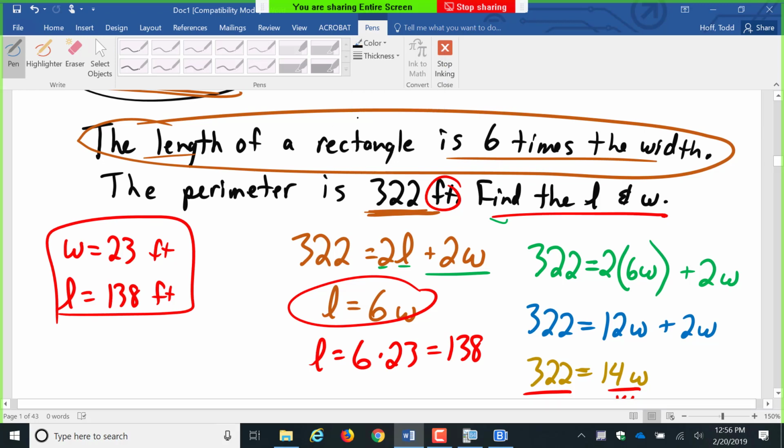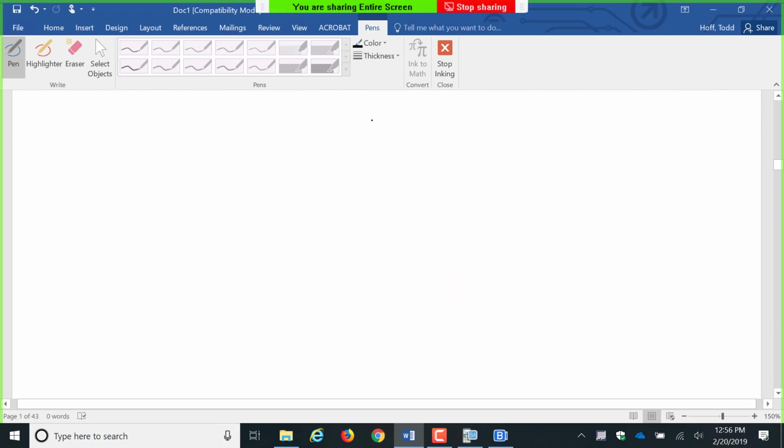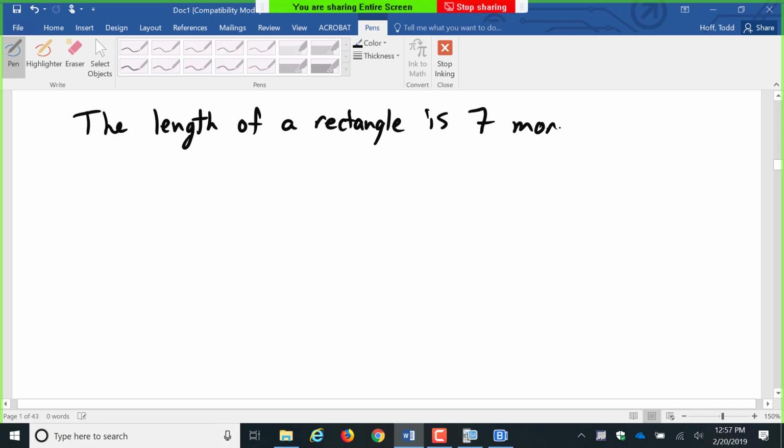I want to see how you guys adjust on your feet to these. So I'm going to give you a similar problem, but a little bit different form. The length of a rectangle is 7 more than the width.